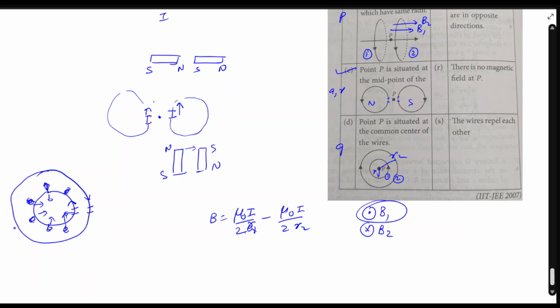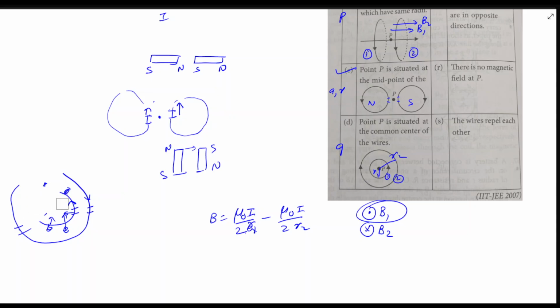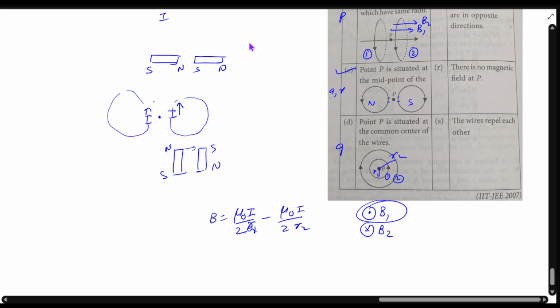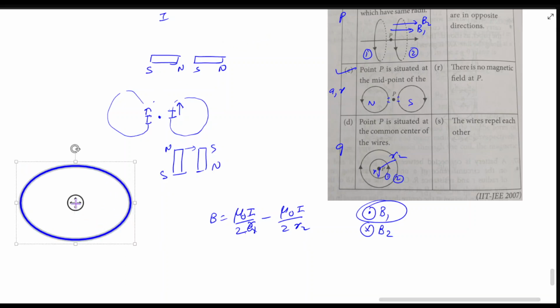Now you will say, sir, what about this section and this section? Look, this section will be applying force, but it will be small. So I'm just considering this section because they are the closest to each other. So the force will be maximized due to them. And this situation is wholly symmetrical, right? So it will be like this. Let me make the diagram properly. So we have like this, and this is like this, right?